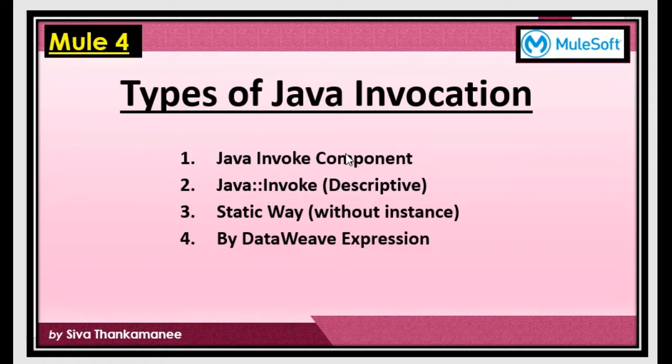There are some subtle differences between calling by using a component and calling by the Java invoke option. The third one is a way where you can call directly in DataWeave by using the static way, so you don't need any components to support that. And also by means of a DataWeave expression, instead of the DataWeave component, you can use it directly by means of set payload or set variable. So we are going to see all these four methods. Let's get started.